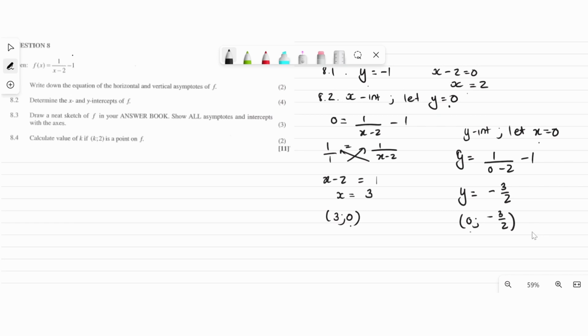So that's the second question. So I'm just going to write everything that you wrote here so that I can erase everything. So here x is equal to 2 and y is equal to negative 1. So here our intercepts are 3 and 0, and 0 and negative 3 over 2.